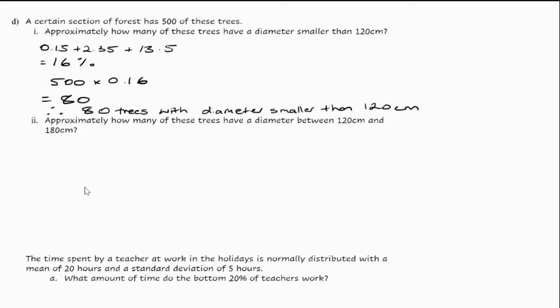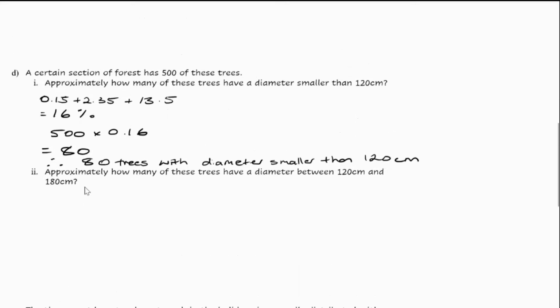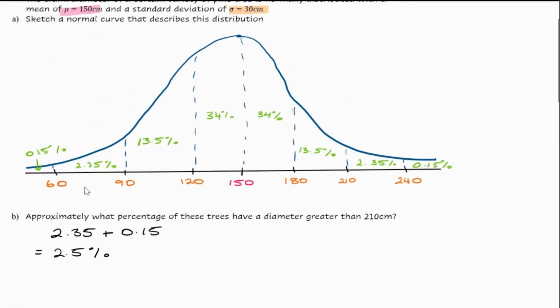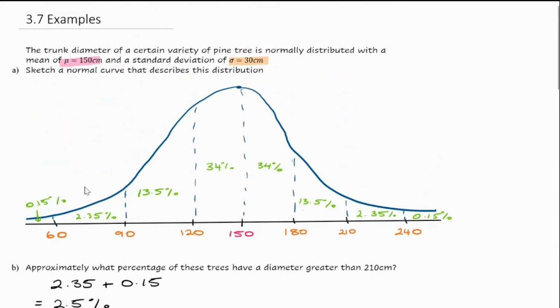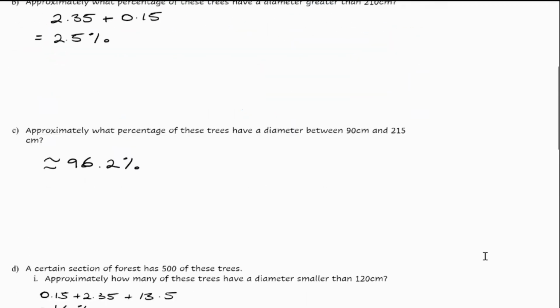The very last part of this question is asking approximately how many of these trees are between 120 and 180. So again, looking back up to my normal distribution curve, between 120 and 180, I've got 34 and 34.